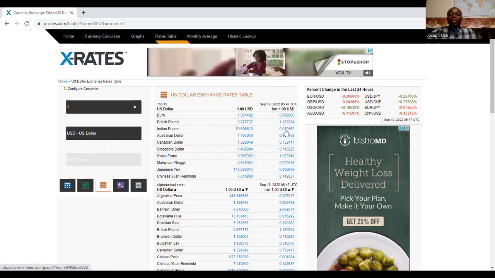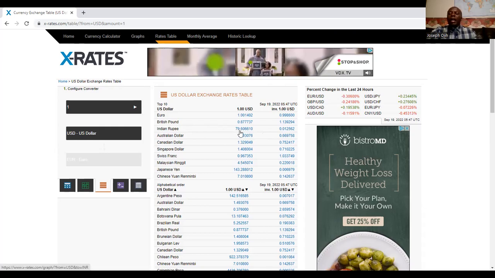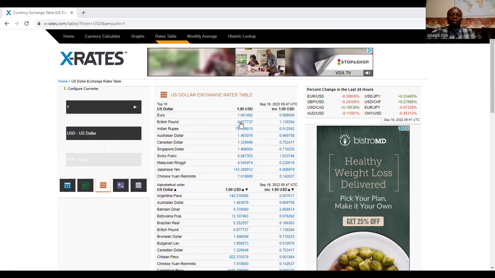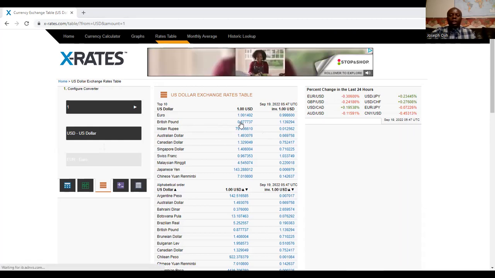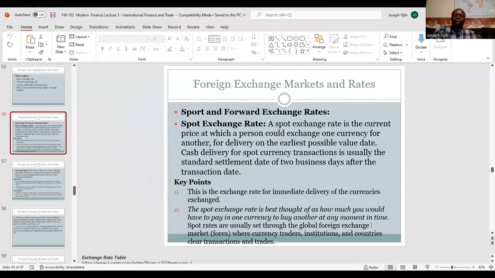So that means $1 can be exchanged for approximately 80 Indian rupees, and that is the current exchange rate now. That is the spot rate. In other words, we can see the spot rate as how much you will have to pay in one currency to buy another currency at any moment in time. That's basically what it is.